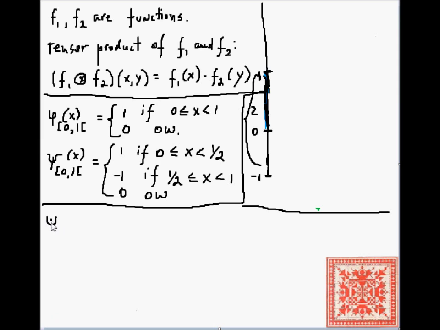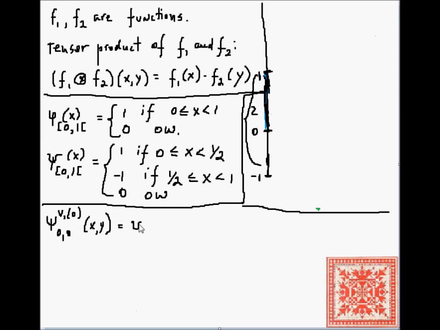Then the two-dimensional vertical wavelet is defined as the big psi V, with the origin at 0 0, because that's the origin. It can be arbitrarily chosen.